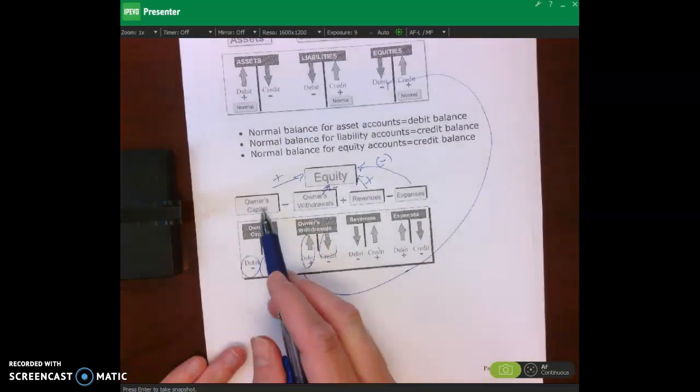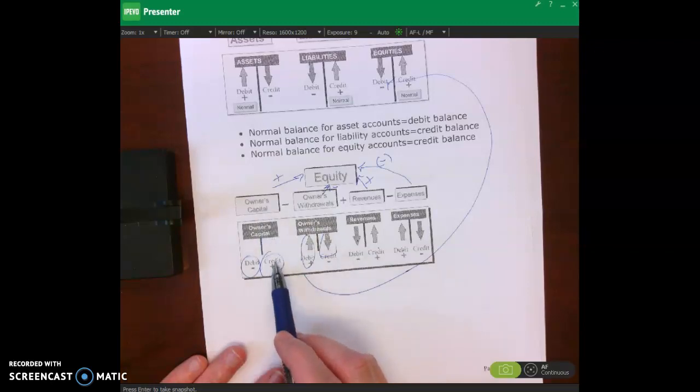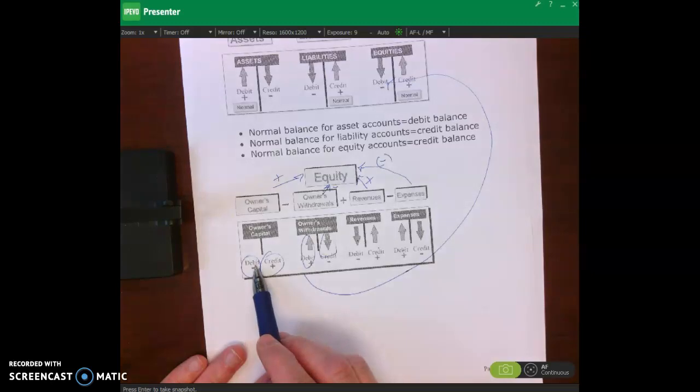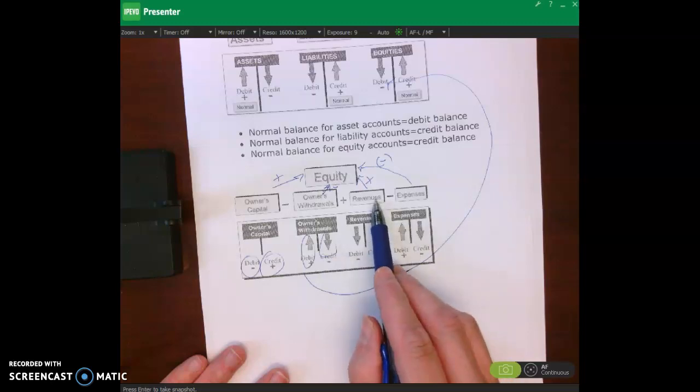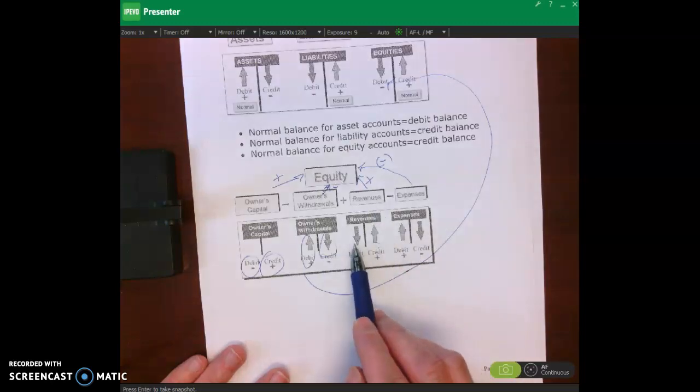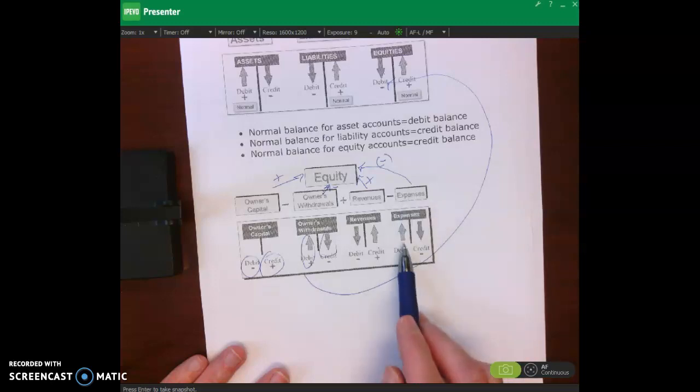The way I would figure out the balance in owner's capital down here is I would add up all my credits and subtract out my debits. Owner's withdrawals, I would add up my debits and subtract my credits. For revenues, I would add up my credits, subtract my debits. And expenses, I would add up my debits and subtract my credits.